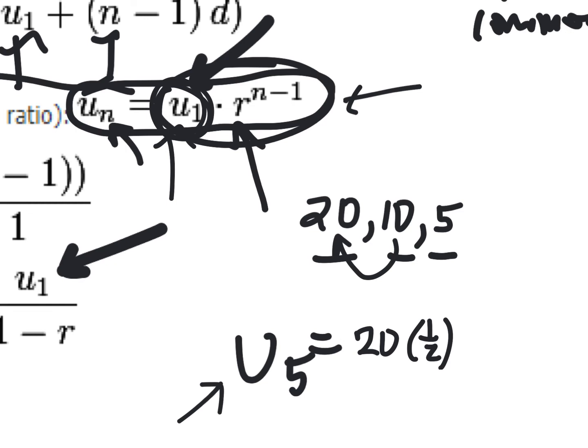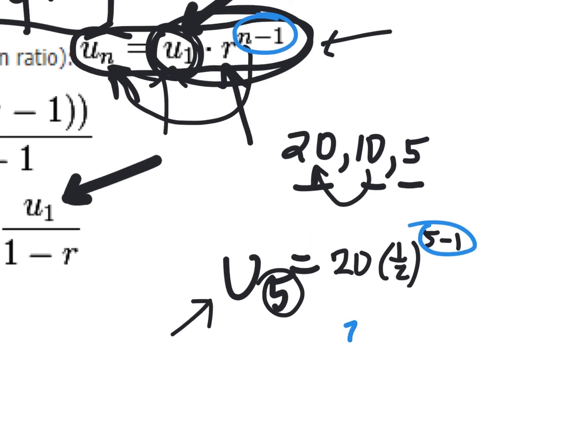And then it's n minus 1. Well, what's n again? N is that subscript number, and so that's this number. And so then you go 5 to the power of, sorry, but put it up high, to the power of 5 minus 1. I just did this part right here. Now I'm at 20 times 0.5 to the 4th.